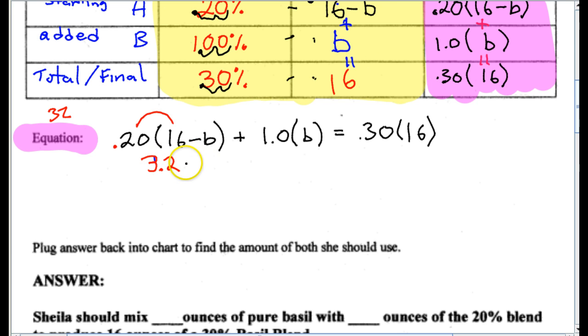So a calculator is not really needed. Same thing with division. We can use 0.2b. But if you don't know what 0.3 times 16 is, just do 3 times 16 and move the decimal one time. And then you'll have it. Go ahead and solve that, see what you get.